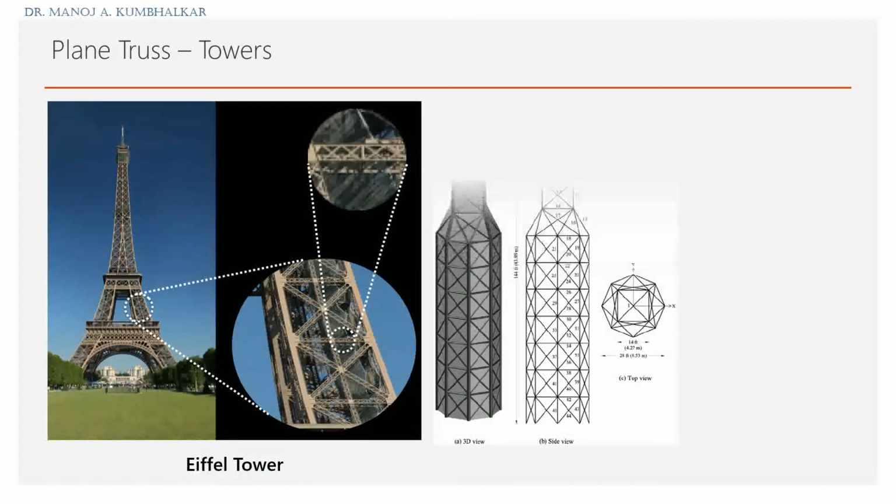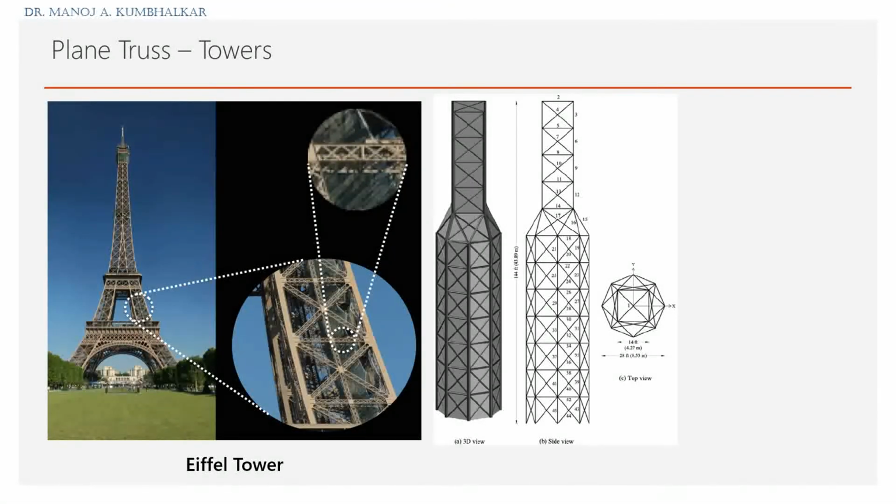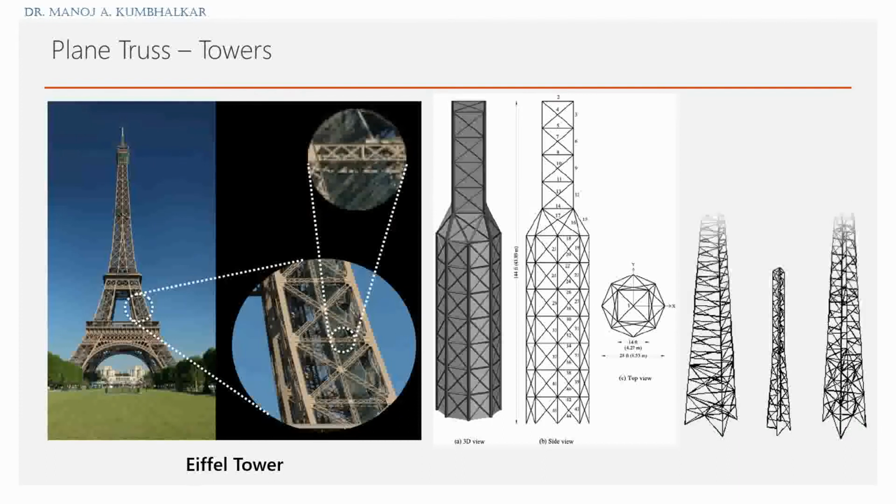This is again the 3D model as well as the mesh model of one of the towers. Here you can see the elemental bar element. The elemental bar elements joined at some points make a complete tower. These are again some examples of towers used for electricity transmission.